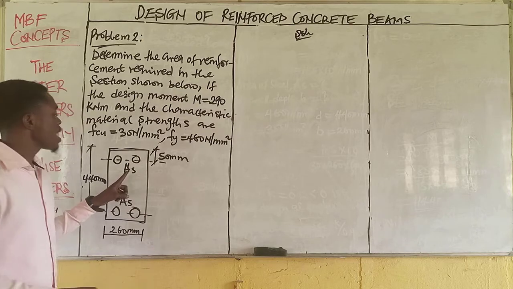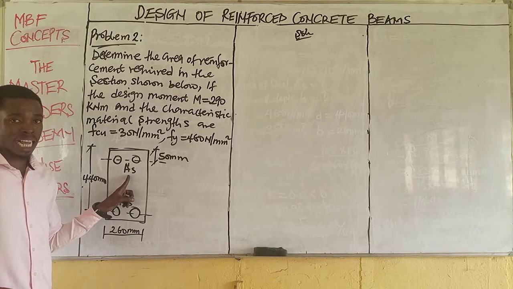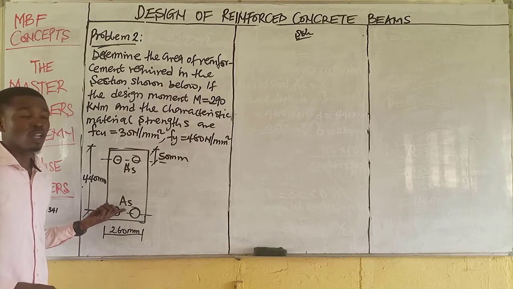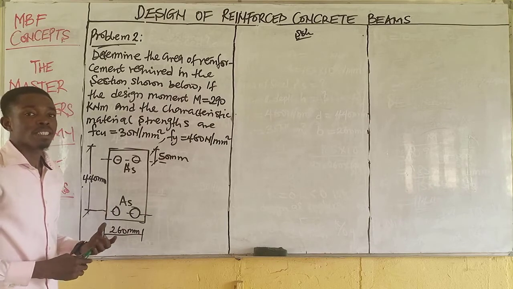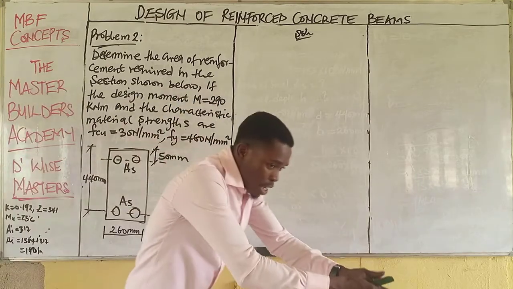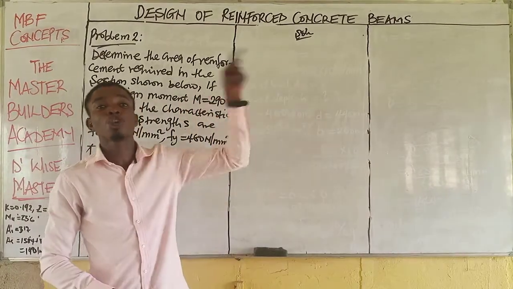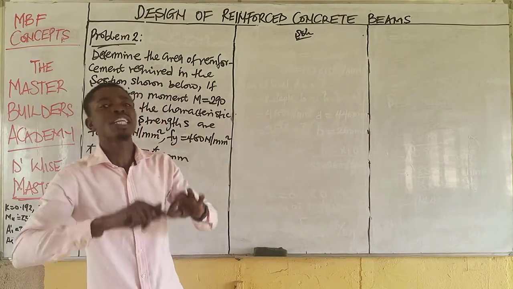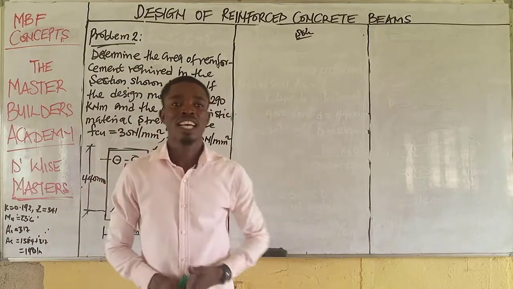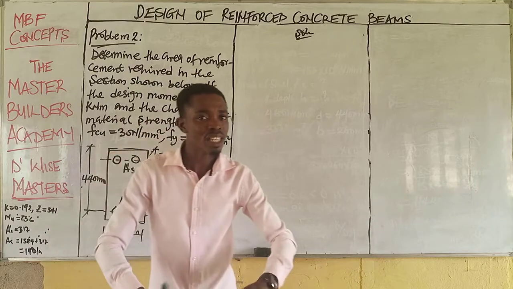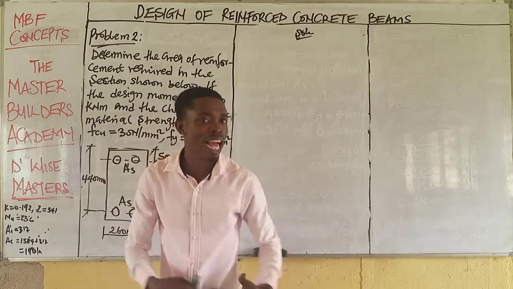Why? Here I already have As prime at the top. Now I have As. With this sketch, the examiner is already telling us that we should design for both top and bottom. But before we do that, we will have to test run and see if this section is actually going to be designed as doubly.